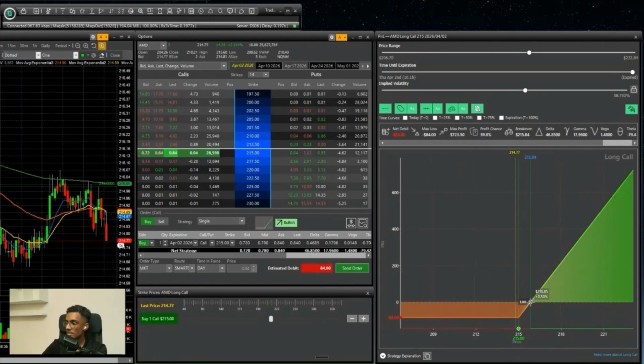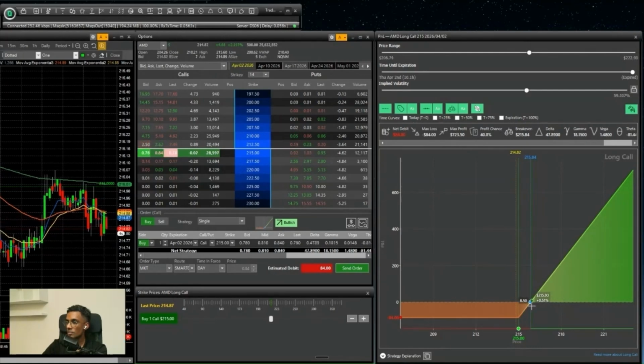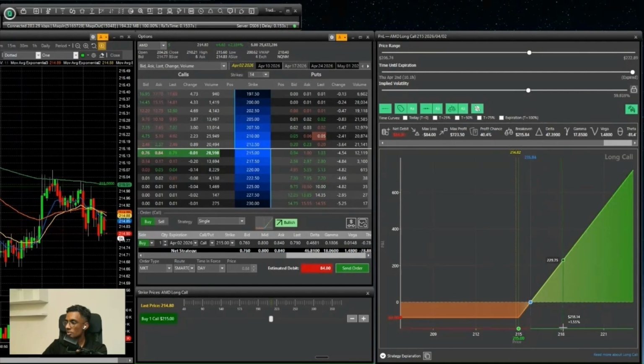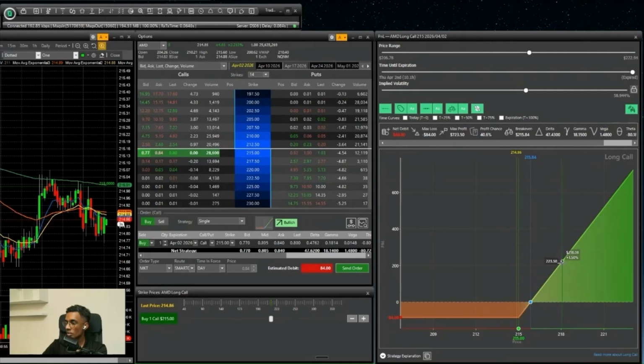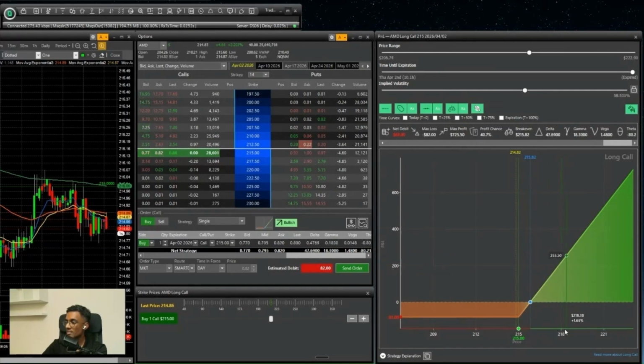If the price of the underlying, so AMD, were to increase from what it is right now, which is $214, if it were to increase $4 to $218, if you look at my chart here, the profit on my position of one contract on the 215 call would be $216, around about there. That's how you would use this when it comes to estimating your profit based on the movement of the underlying.